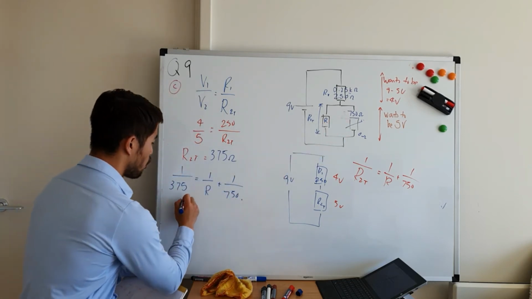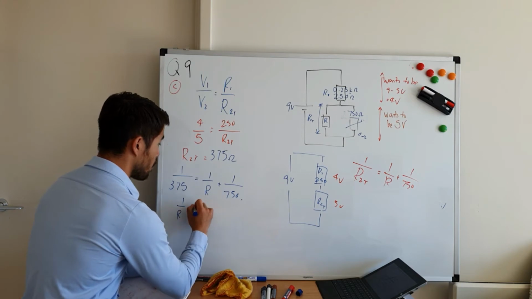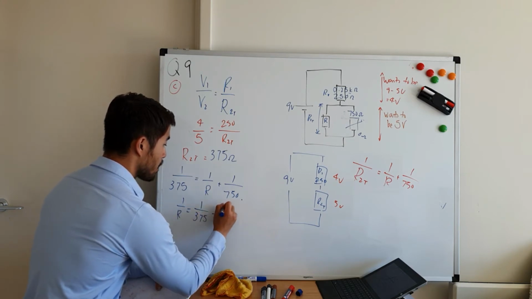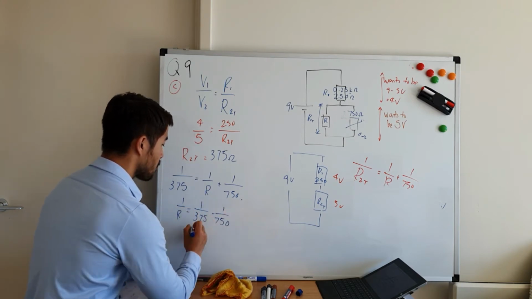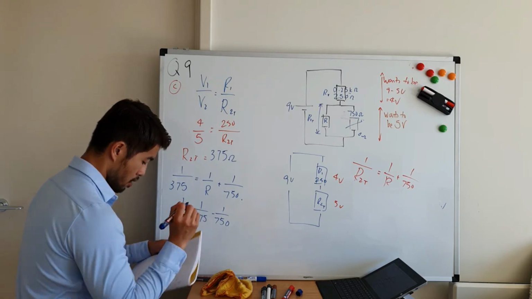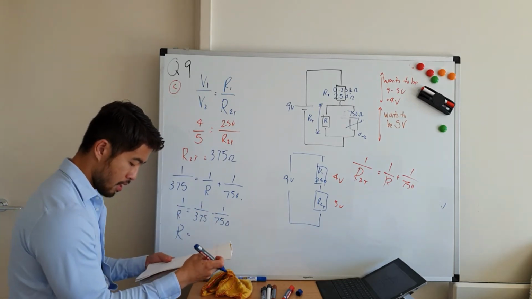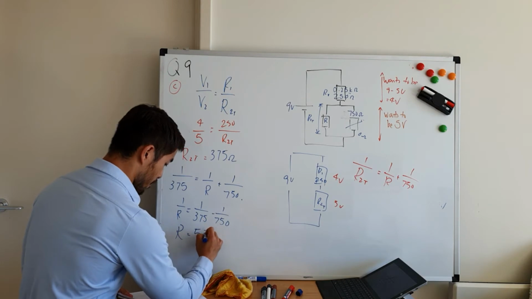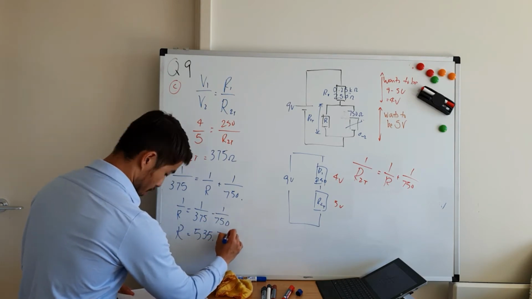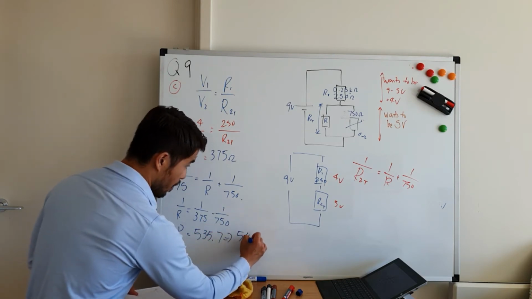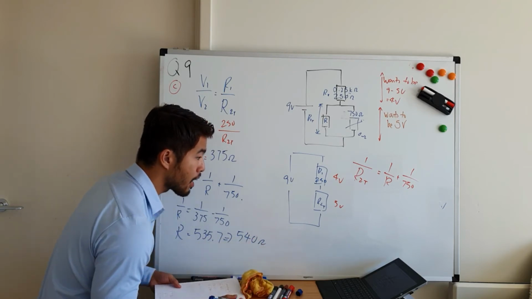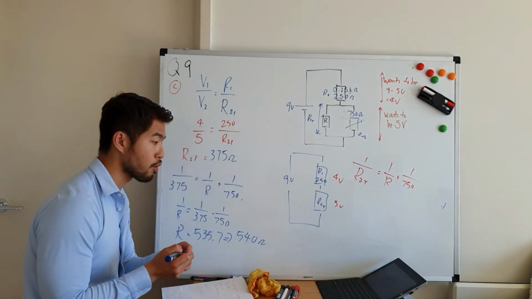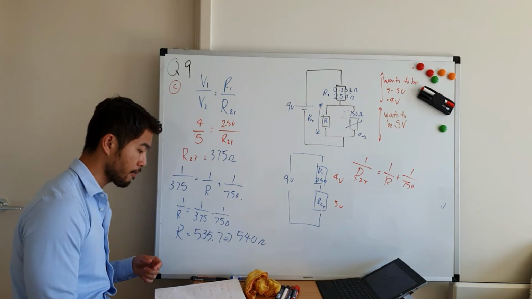So 1 over R will be equal to 1 over 375 minus 1 over 750. So R in here will be equal to 535.7, which is 540 ohms, because the entire question is giving us 2 sig figs. You need to stick with 2 sig figs.